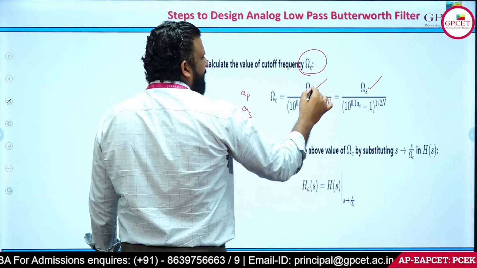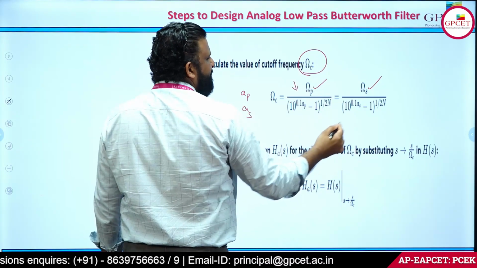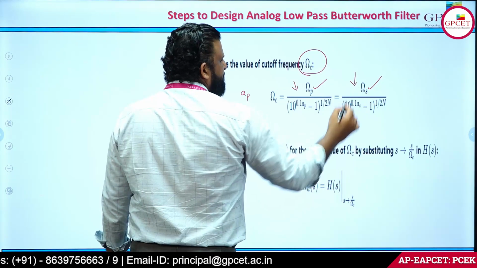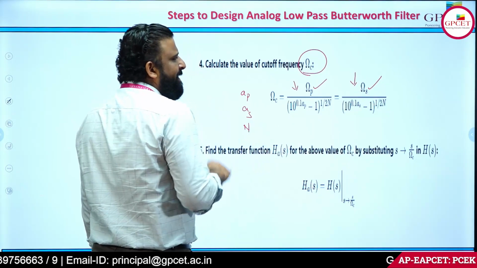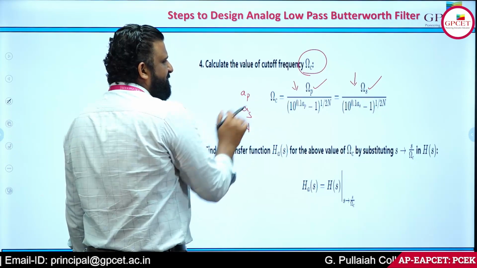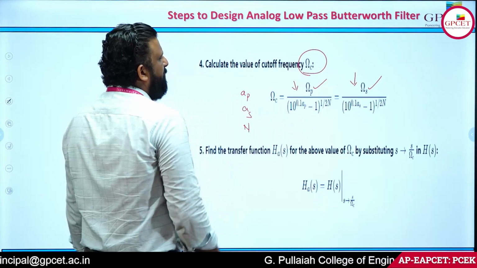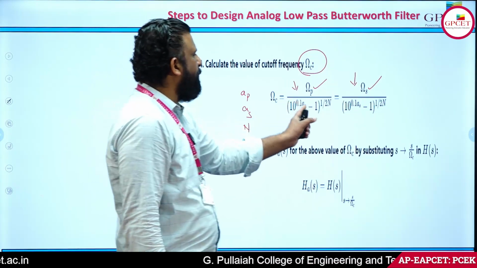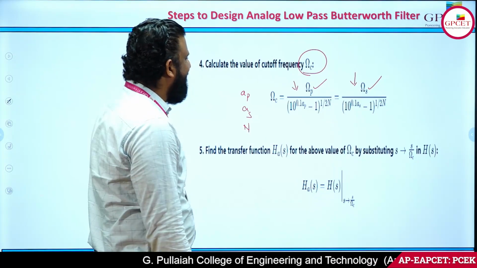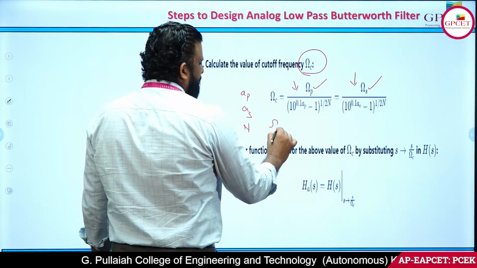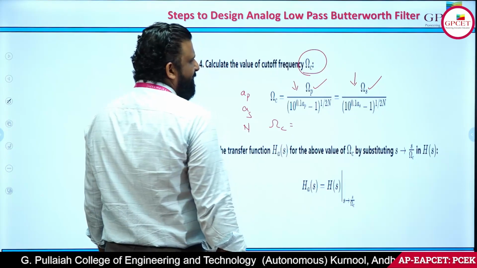If they have given the passband frequency, use this one. Or else if they give the stop band frequency, use this one. Depending upon the specifications given in the question, take these formulas, either omega p or omega s.